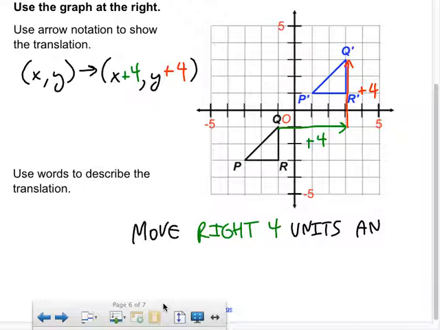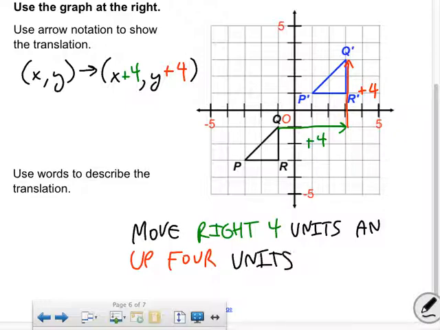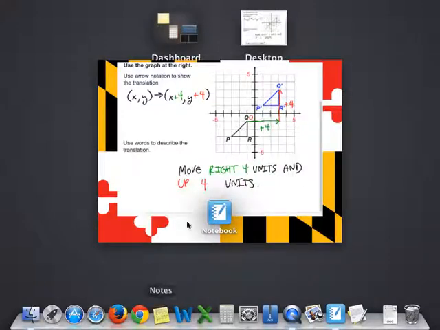I think you forgot the E. Just put the word and. Move right 4 units and move up 4 units. Happy?